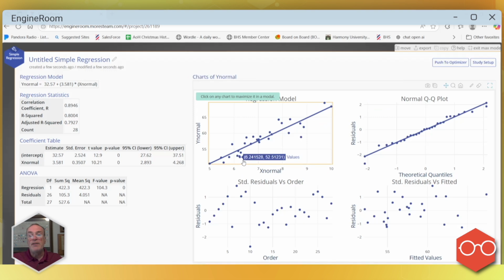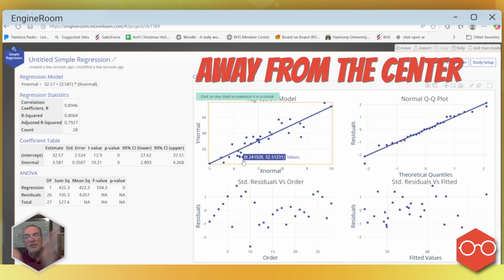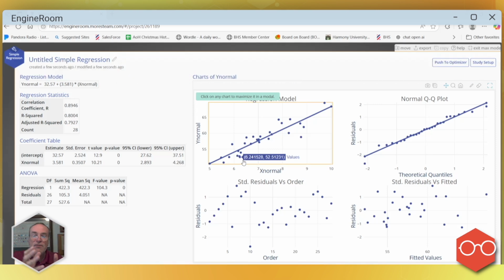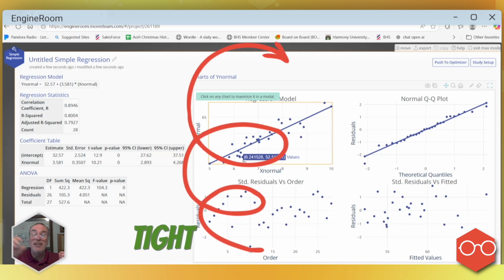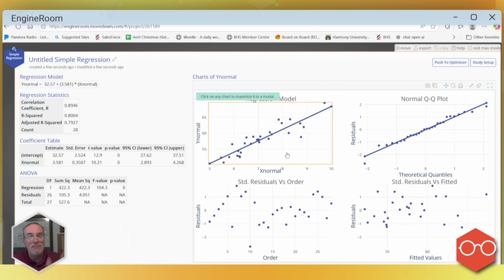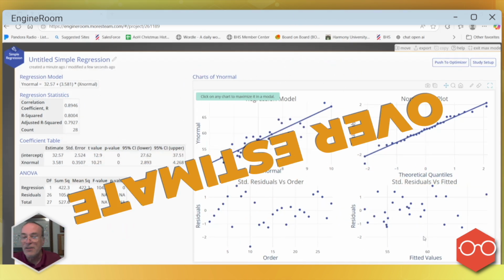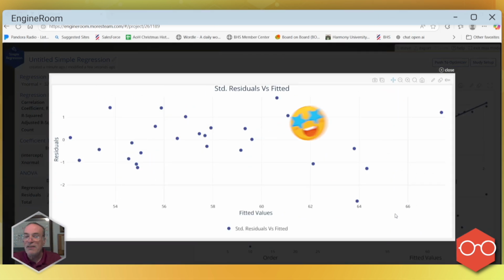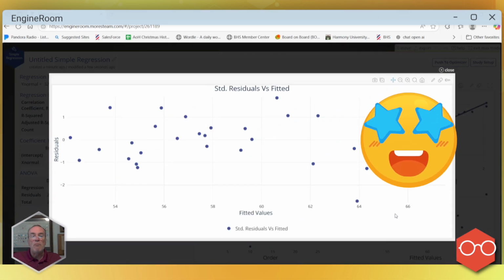Because what will happen is these prediction intervals and confidence intervals about that line will flare out in equal distances away from the center. So if your data is really tight at one end and really loose at another, it will overestimate and underestimate. But this is kind of the graph that we care about the most.